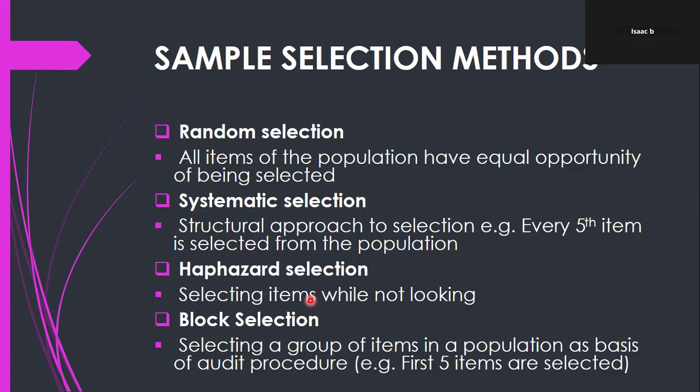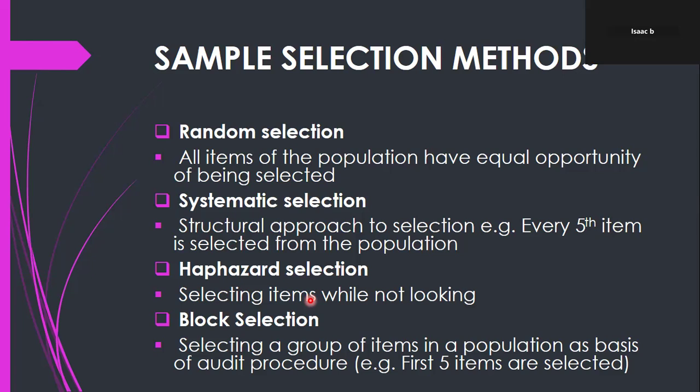Then systematic selection is a structural approach to selection. So the approach is a bit more structured. For instance, you've got 20 invoices, right, that you need to select from. Then you say, for every fifth invoice, that's the one I'm going to be picking up. So you begin from invoice number 5. Invoice number 5, you extract it, right?